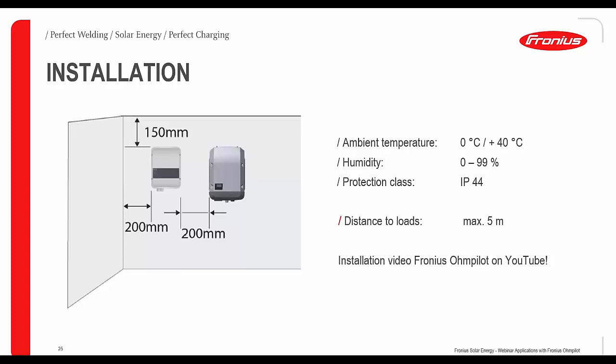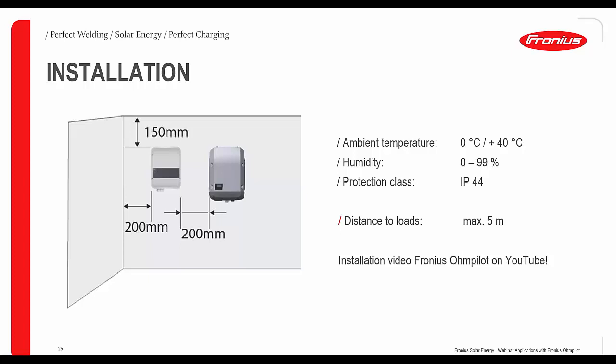The ambient temperature for installing this device is from 0 degrees Celsius up to 40, and the humidity from 0 to 99%. It's not that critical. And this device has a protection class of IP44.